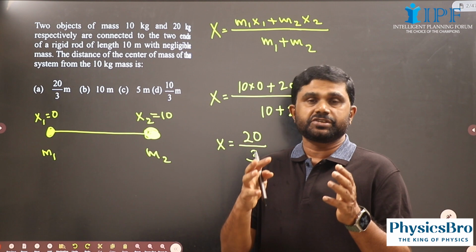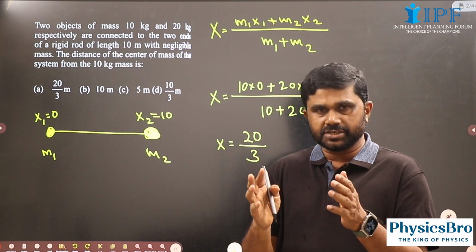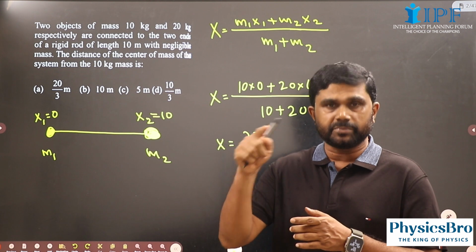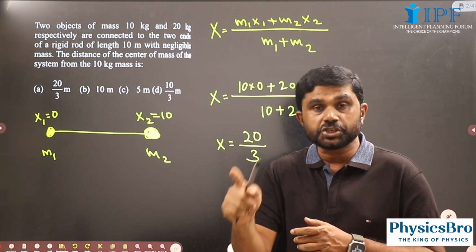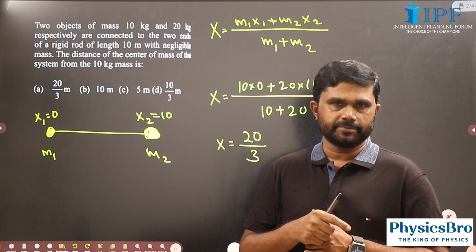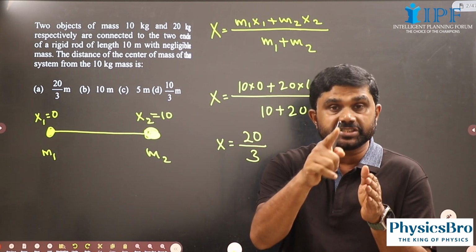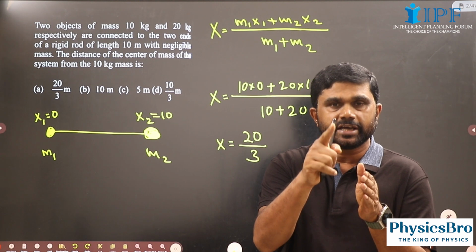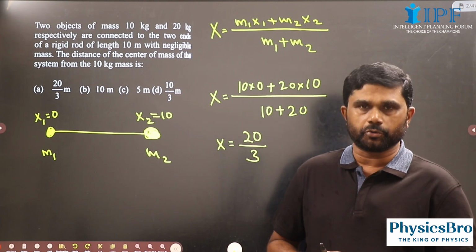The easiest way to find this: if you want to find the distance of the center of mass from the 10 kg, you have to choose the position of the 10 kg as the origin. Then the x-coordinate of the center of mass will be the distance from the origin, or the distance from the 10 kg.